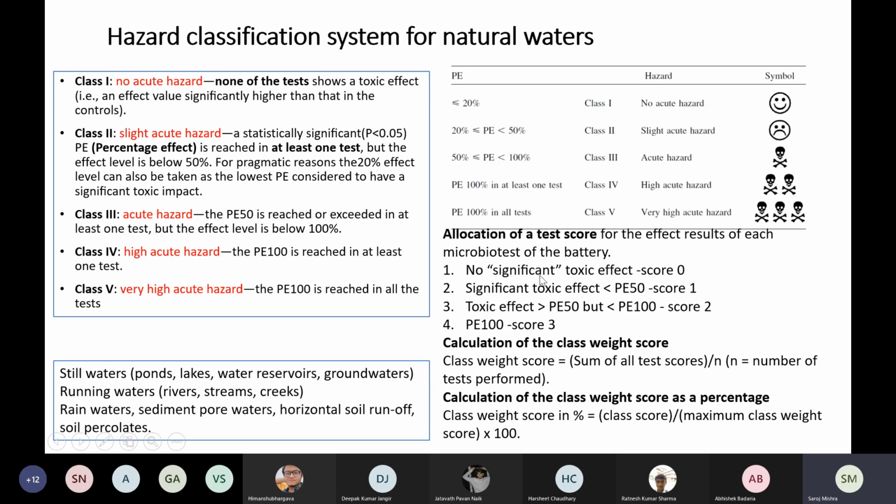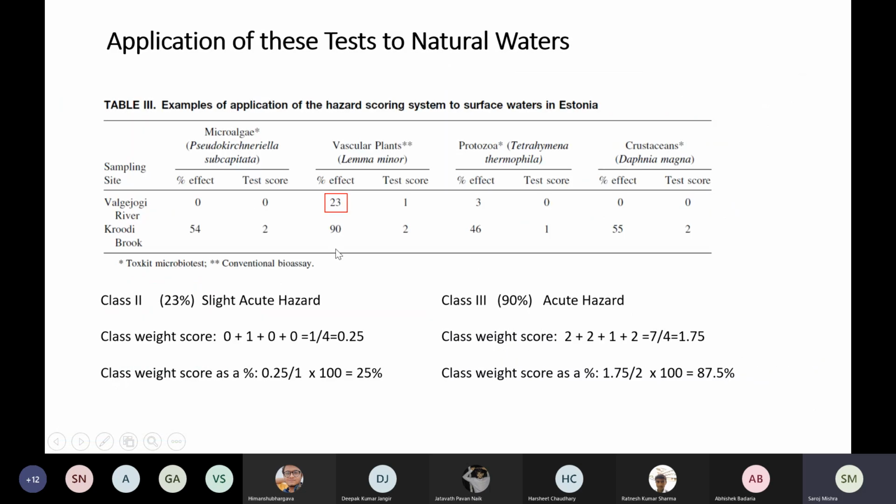If the effect is less than 20%, then you assign a score of 0. That's where this 0 comes from. If the effect is between 20 and 50, then you assign 1. So when you do a class weight score, you are just going to add up all these test scores, 0 plus 1.